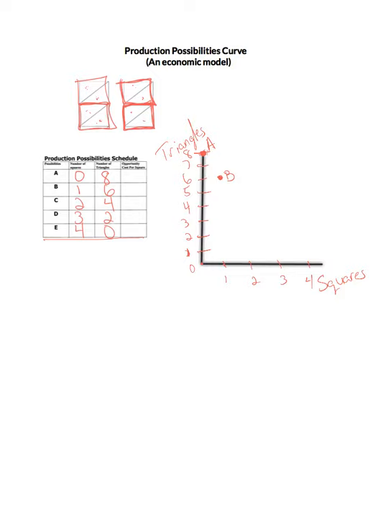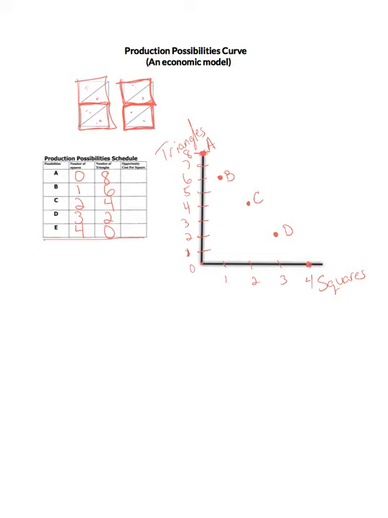Then point C is 2 squares and 4 triangles, which is about here. I'm going to label that point C. Then point D is 3 squares and 2 triangles, which is approximately there, and that's my point D. And then point E is 4 squares and no triangles.